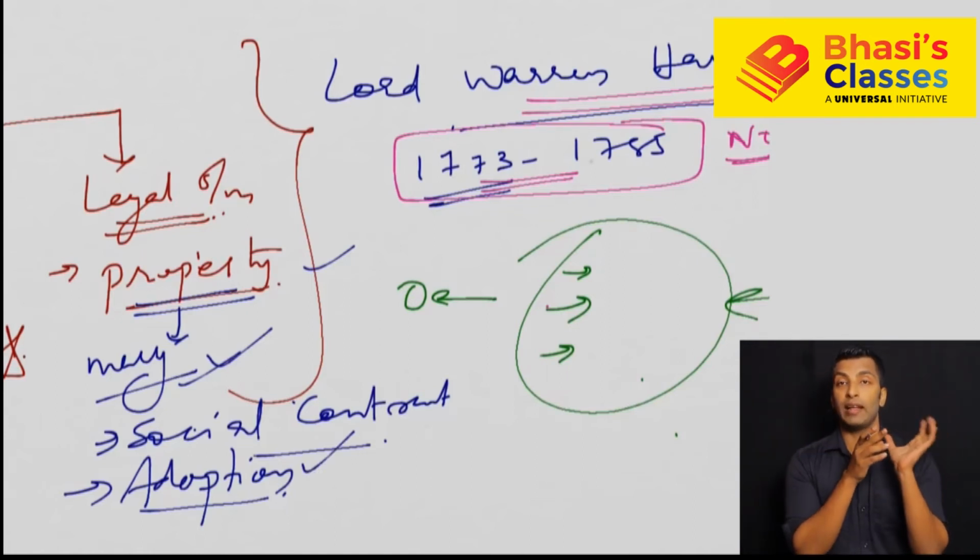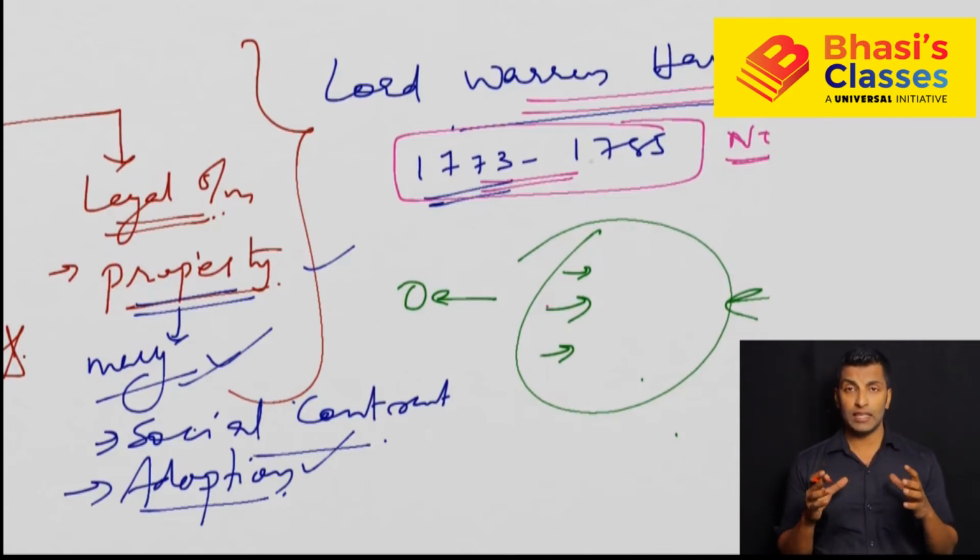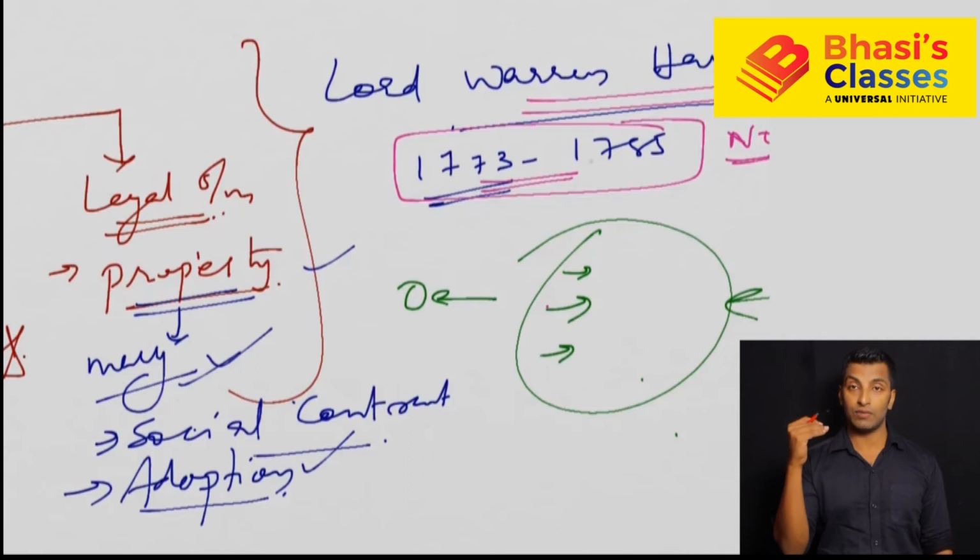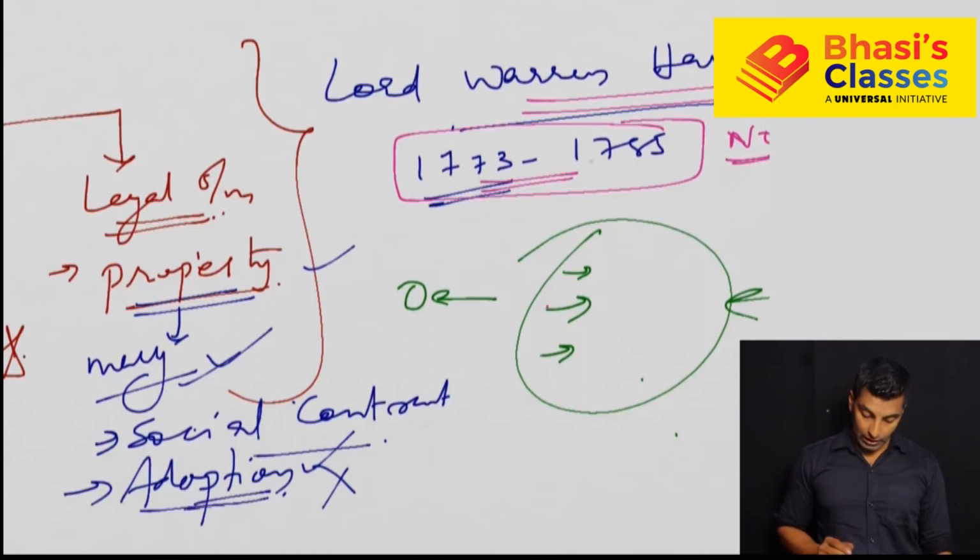It was not applicable in the states where Mughals or Muslims were there. If you see the states annexed under the doctrine of lapse, you cannot see Muslim states. All those annexed states were Hindu states, because adoption is not valid among Muslims, so there is no need of such laws for Muslim states.